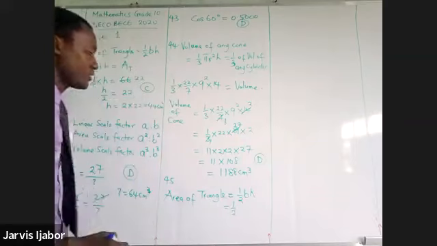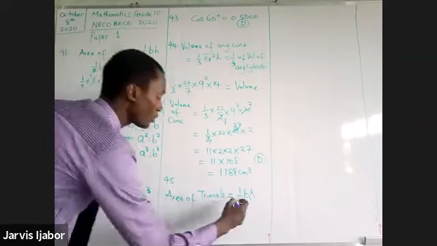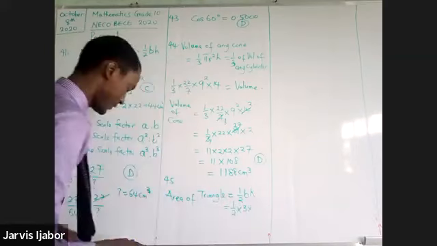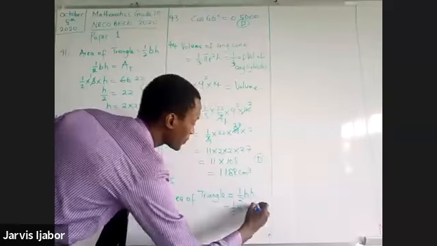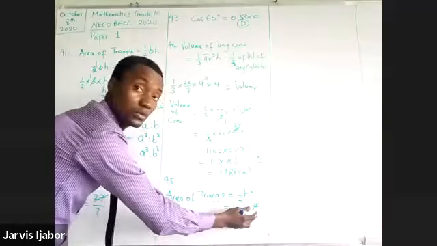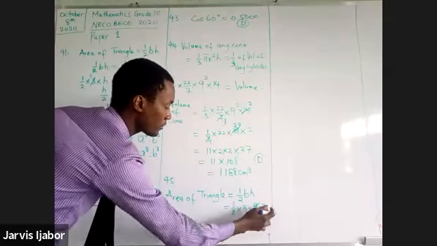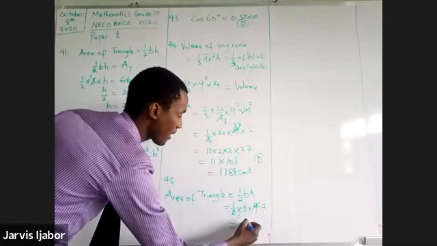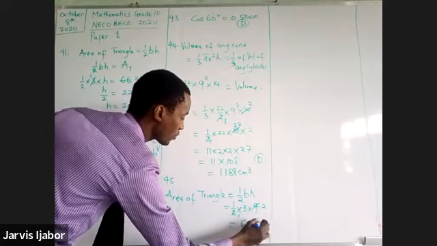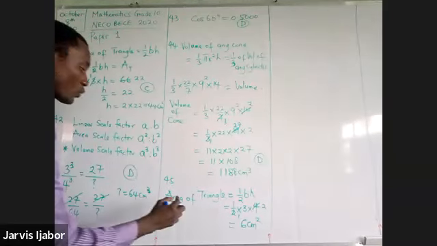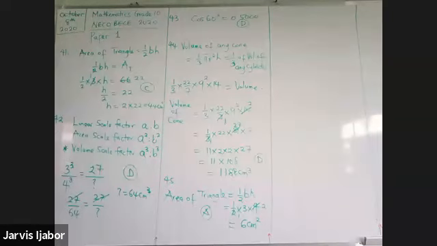What then is the base? The base is giving us 3, and the height is giving us 4. So we can cancel 2, 1. And that will be 3 times 2, which will be 6 centimeter squared. So the answer is E.